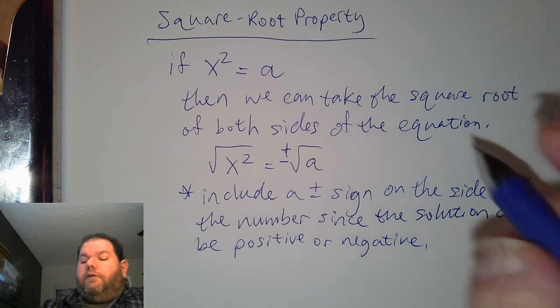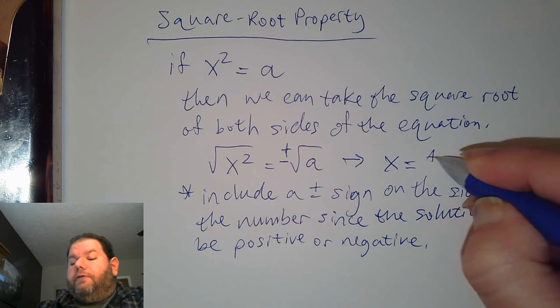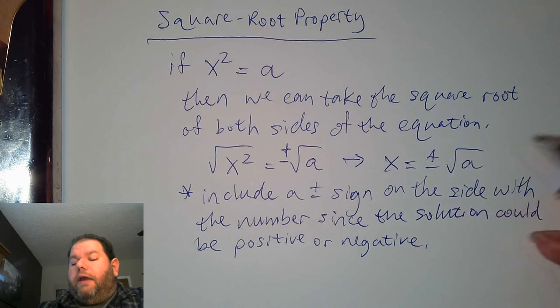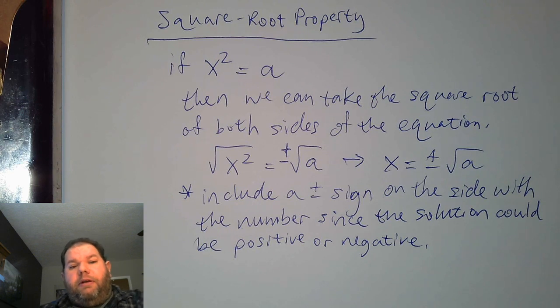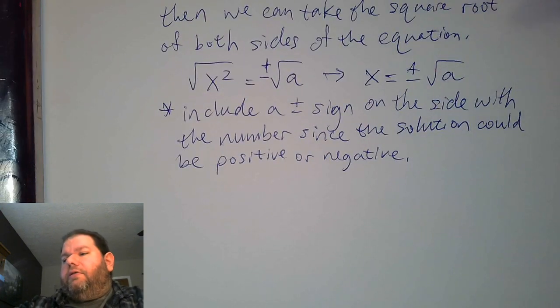Let me finish off this problem. So we would say x is equal to plus or minus the square root of a, whatever that happens to be for that given number. So the reason we say it could be positive or negative, let's look at a real example and illustrate that.